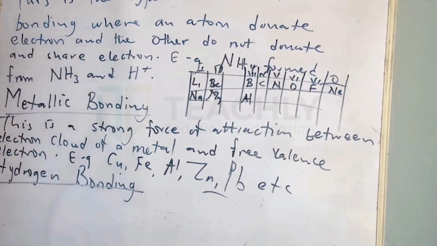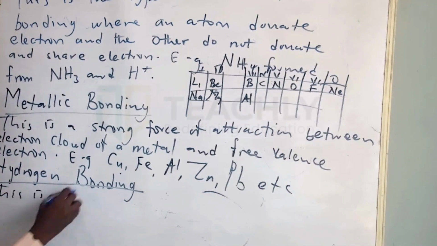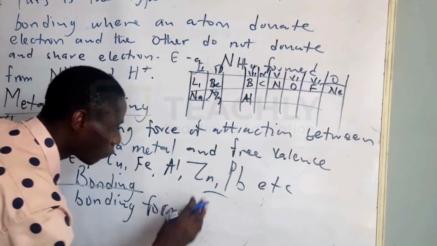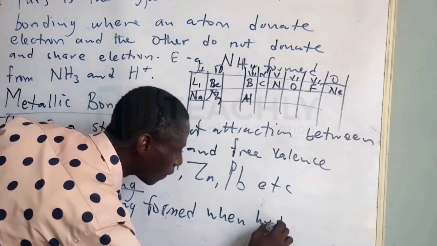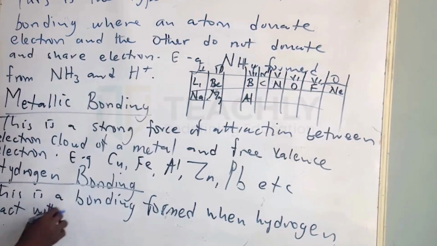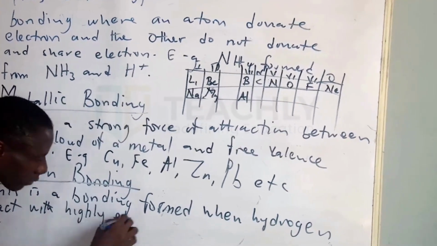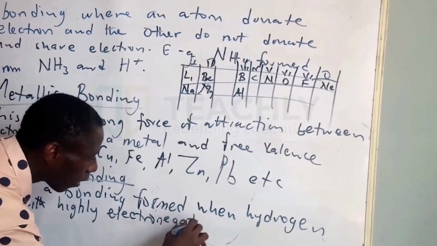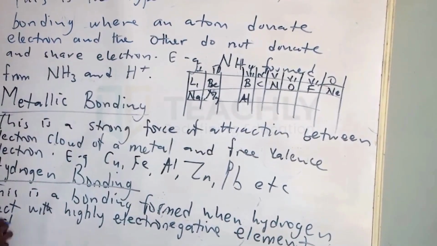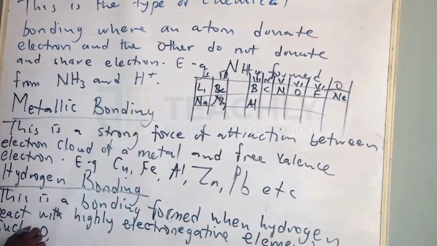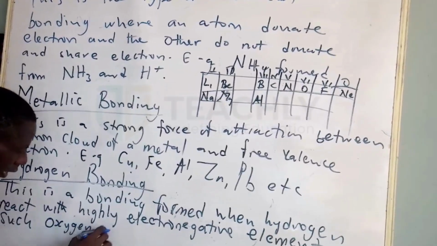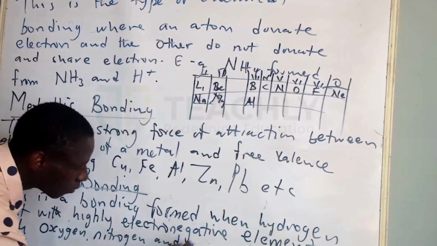Let's write a note on this. Hydrogen bond is a bond formed when hydrogen reacts with highly electronegative elements, such as oxygen, nitrogen, and fluorine.